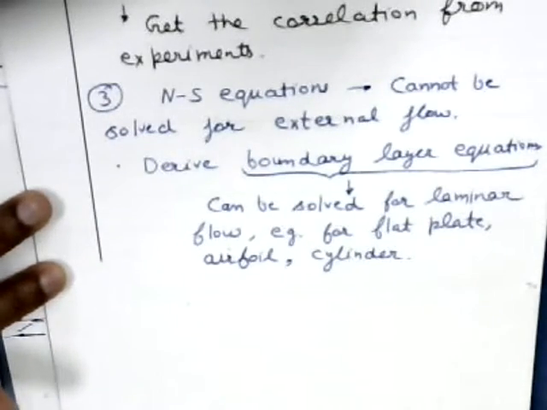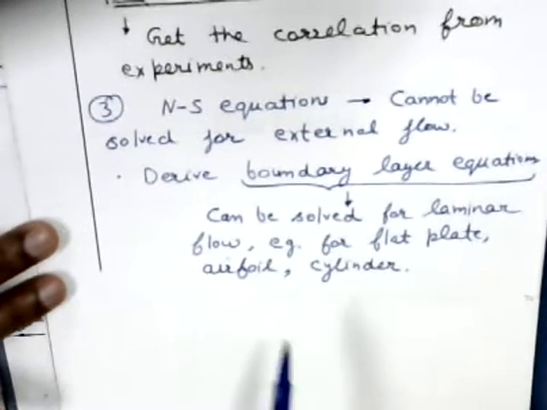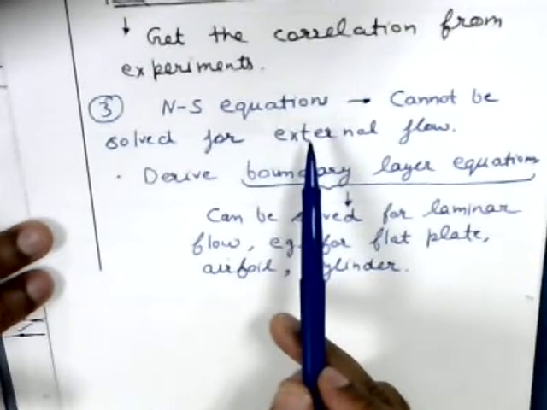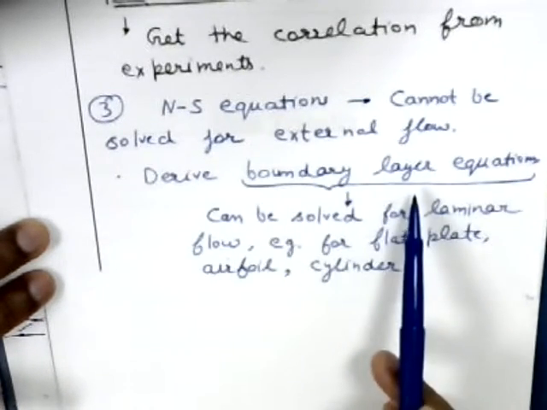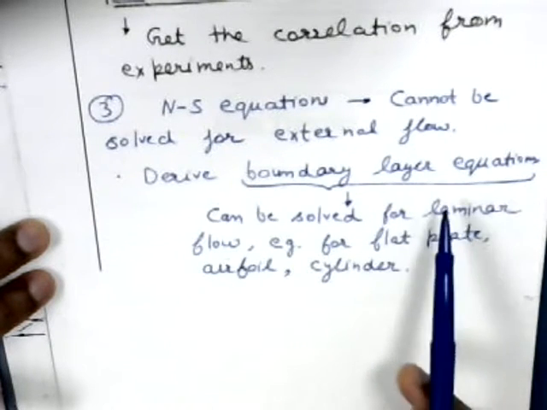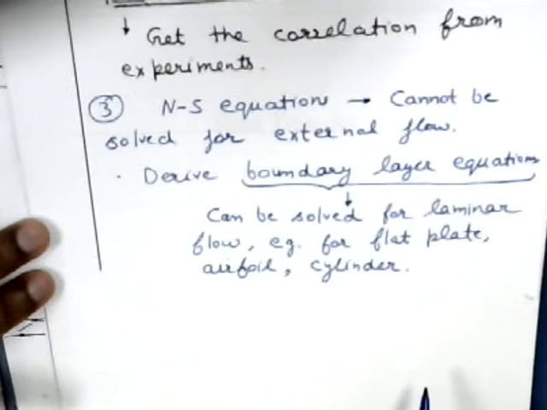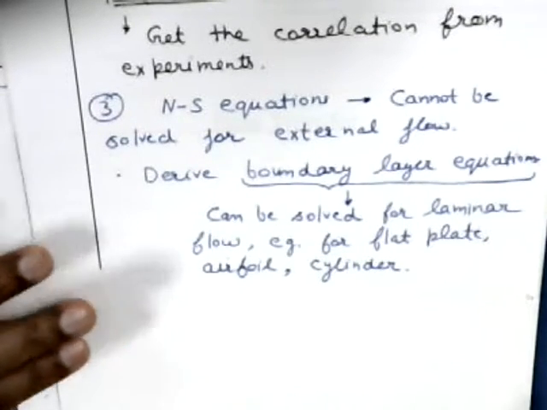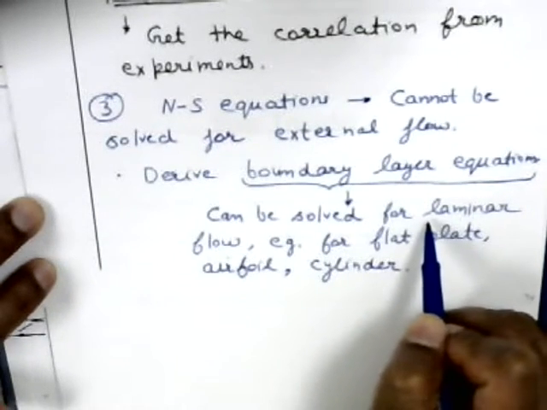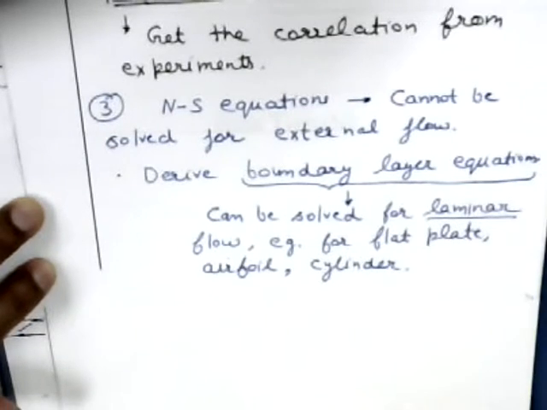Those equations have been solved. So what I'm going to explain is, starting from the Navier-Stokes equations and the energy equation, first we will get the boundary layer equations, and then we are going to solve those equations for a particular case. But remember that this is going to be applicable only for laminar flow.